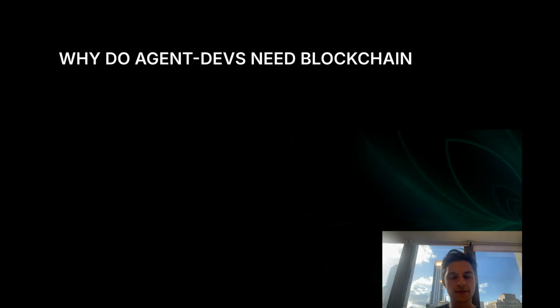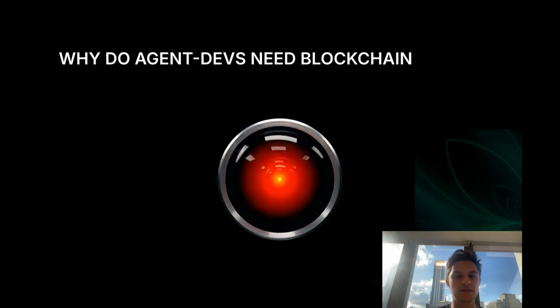But if technology keeps evolving, in a few years these agents could be smarter than us and may try to trick you, may try to take your money or maliciously do something with it, or misunderstand your command. You ask it to get coffee, and maybe it builds a coffee shop instead with all the money you have in your account because it thinks it's more efficient, for example. They could go off the rails. So we need a way down the line to also protect agent developers from their own creations.